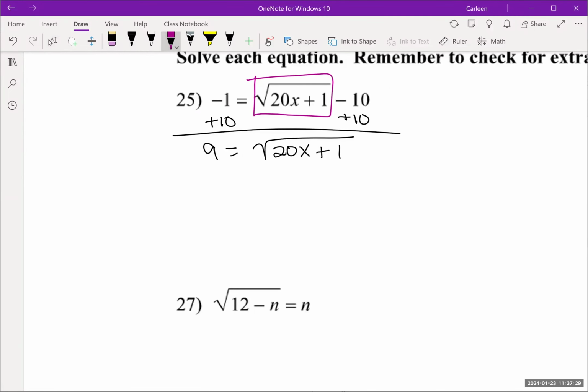Next step, to get rid of a square root, we square both sides.